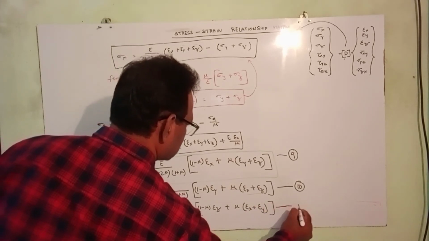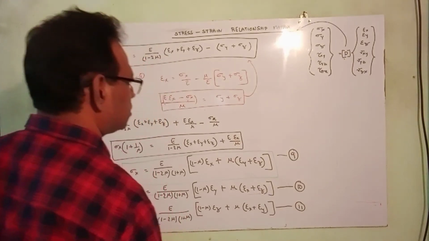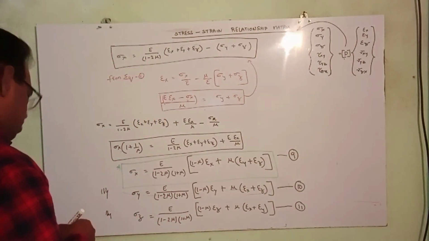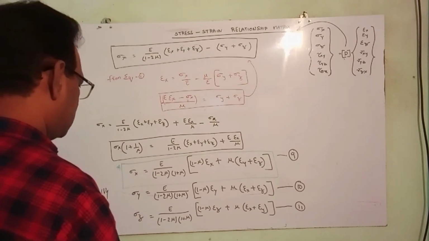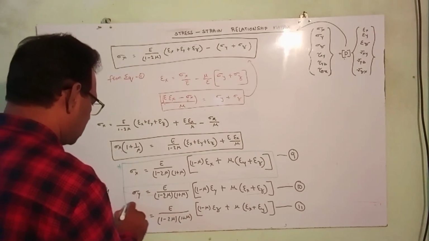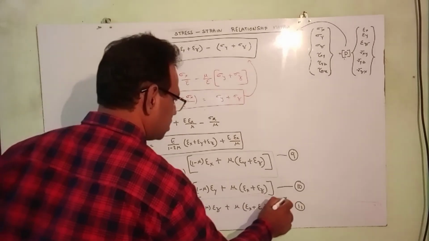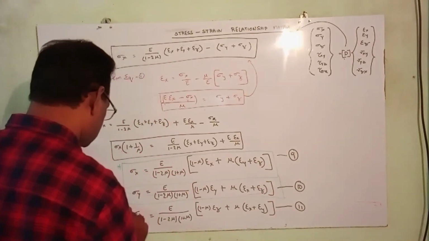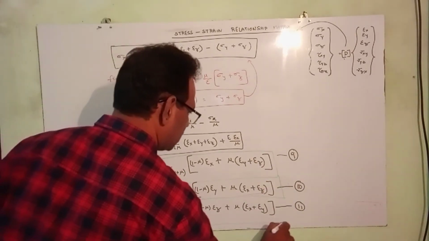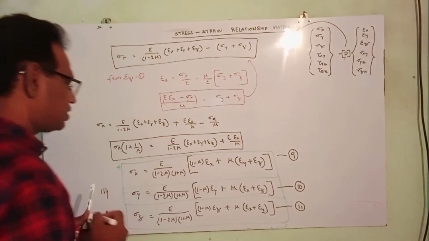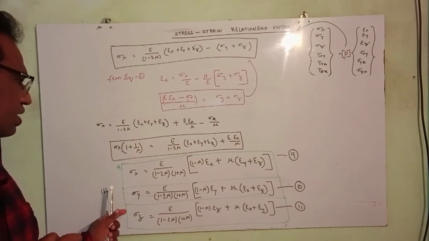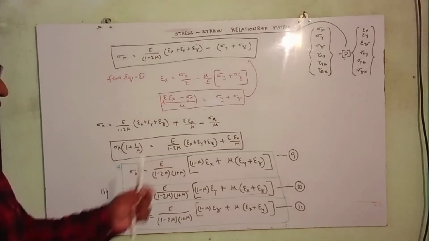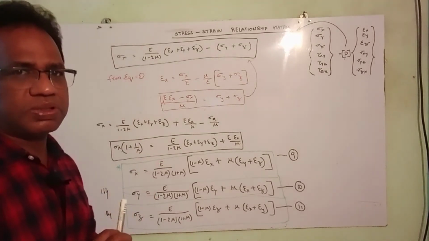This is equation number 11. So these are the equations that we derived for direct stresses, that is the stress in the x direction, stress in the y direction, and normal stress in the z direction, in terms of epsilon x, epsilon y, epsilon z.